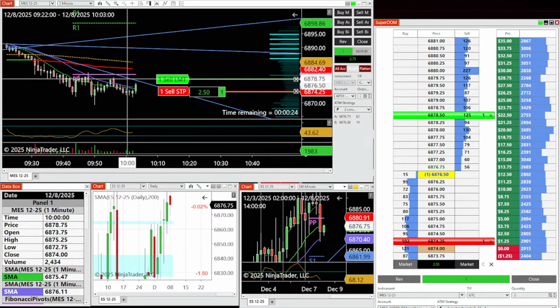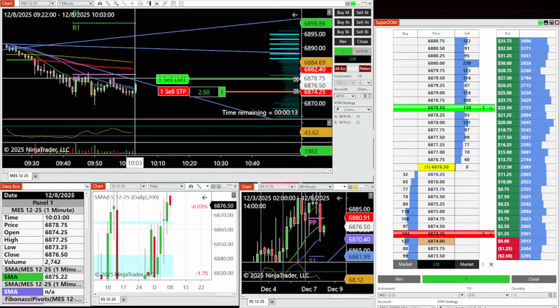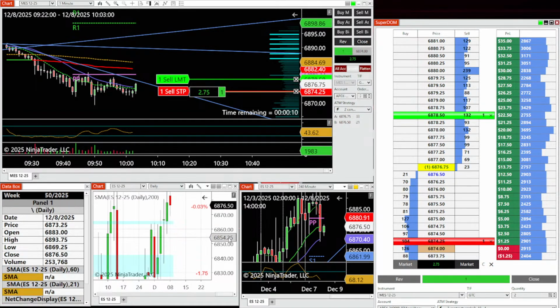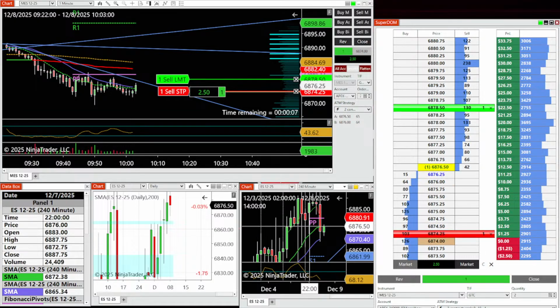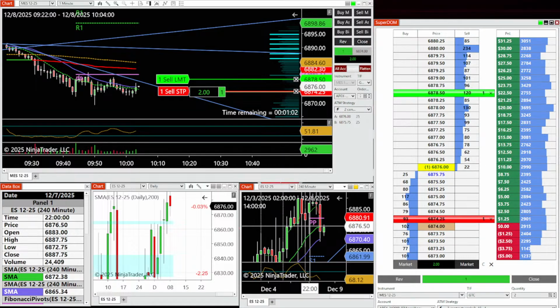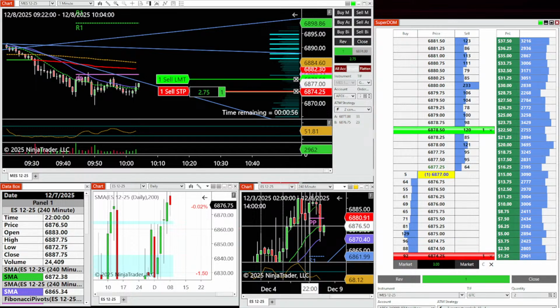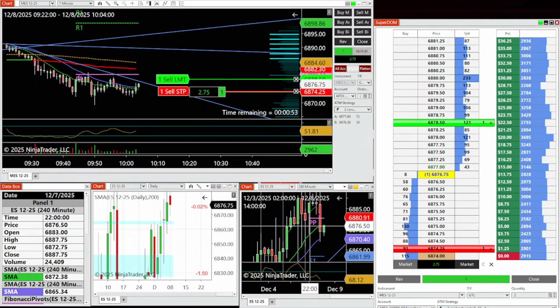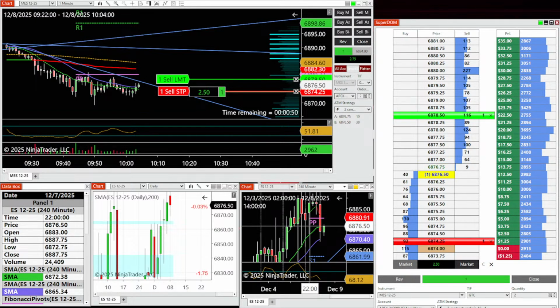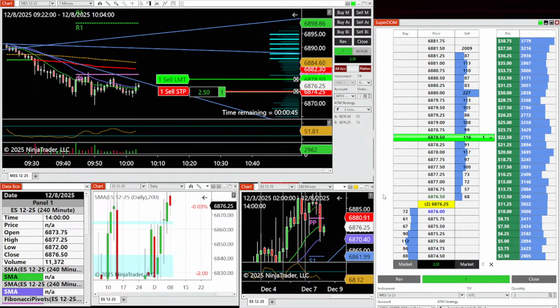Got this trend line, 78 and a quarter. Gotta get past this. Gotta get past the moving average. Might have a tough time getting past.